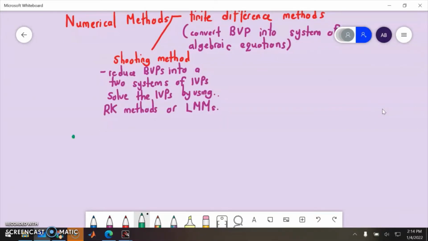So how do we do that? To do that, we want to divide this interval.